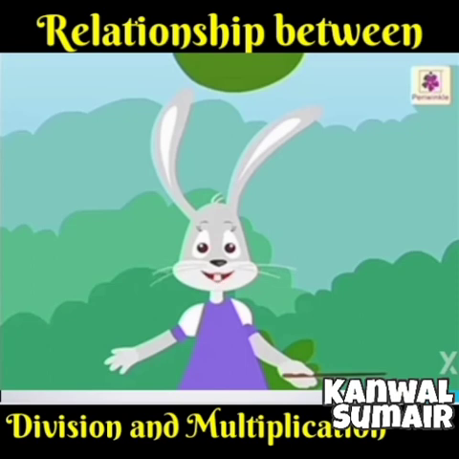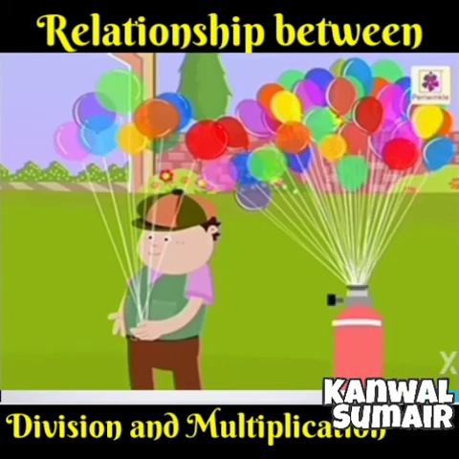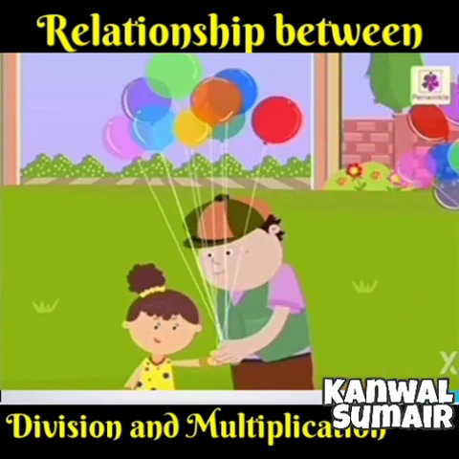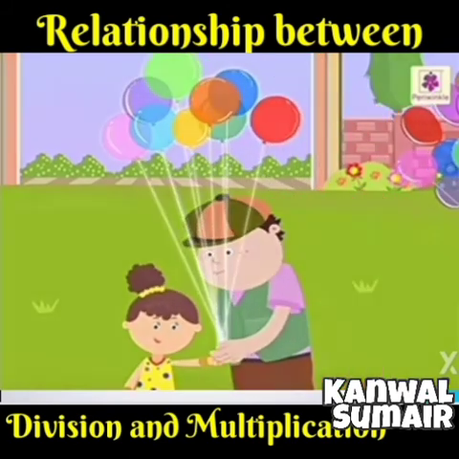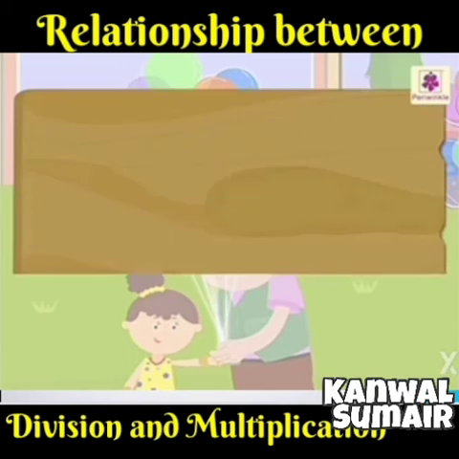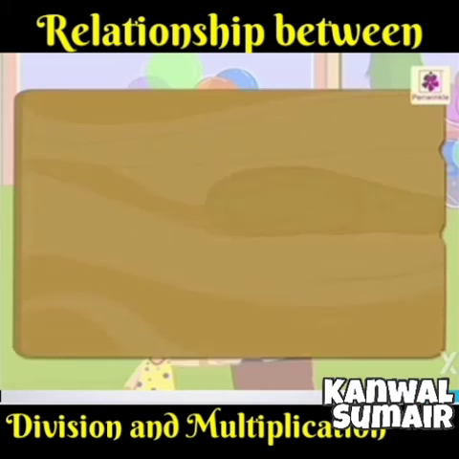If we look at the same example in a different way, there are 45 balloons. If each kid has 9 balloons, then find the number of kids such that the balloons are distributed equally. Here, we need to divide 45 by 9 to find the quotient.